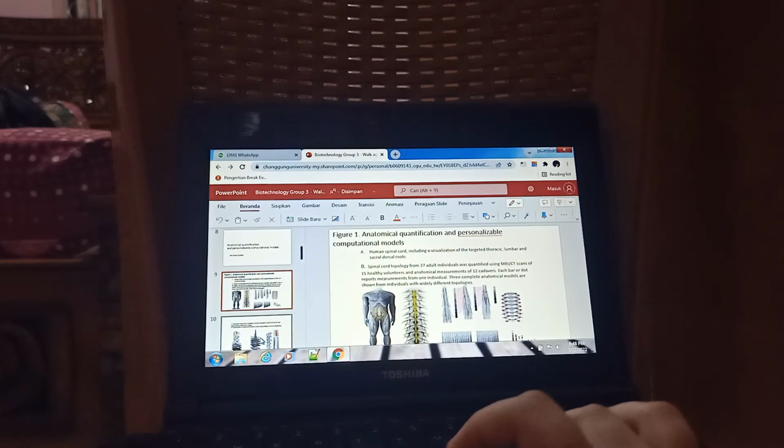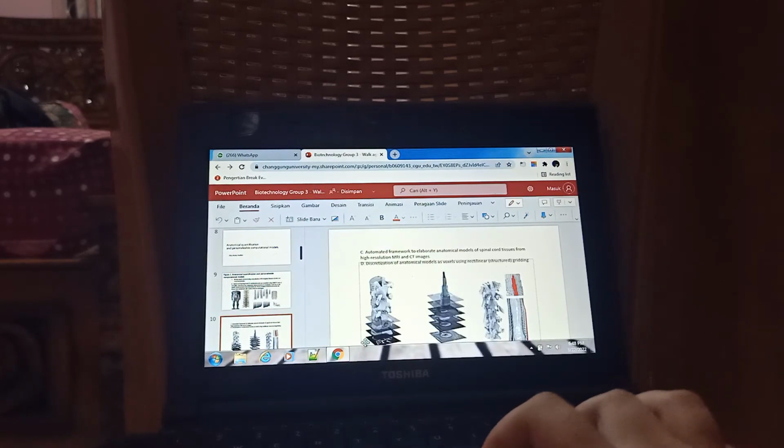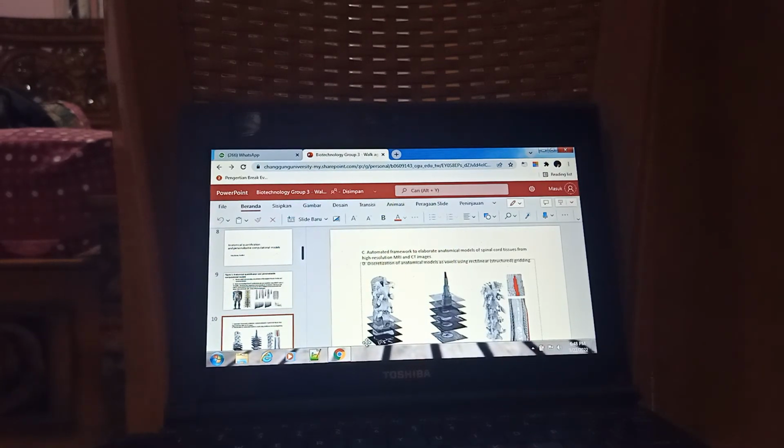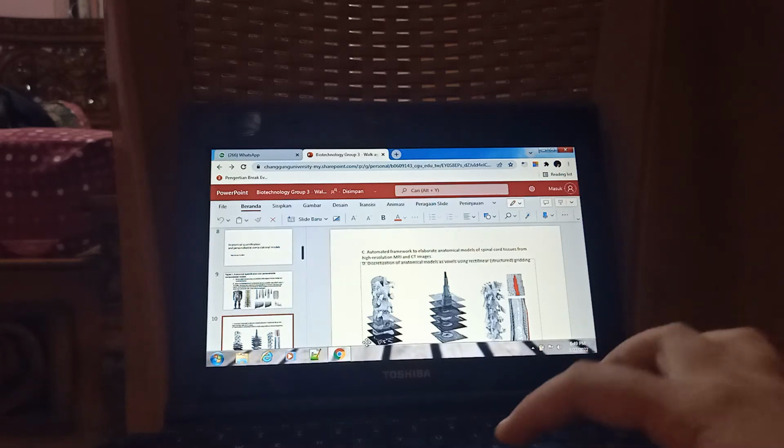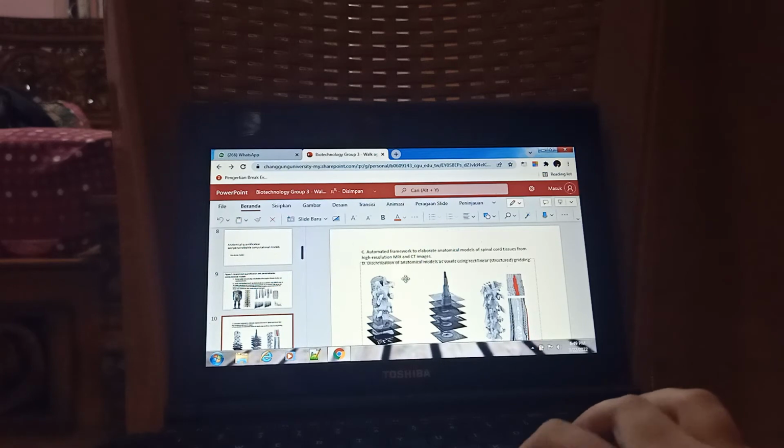Okay, the next slide is where we talk about this contrast and about the semi-automated conversion of MRI and computed tomography, or CT, images into realistic anatomical models of the entire spine. You can see it in figure 1D.